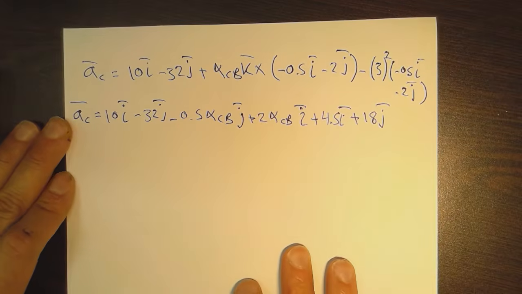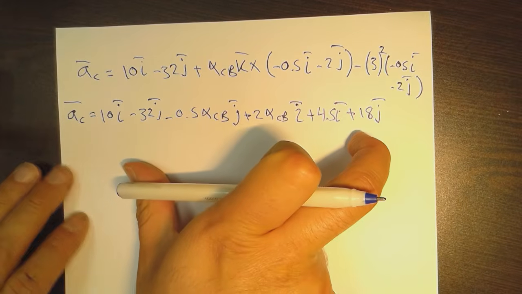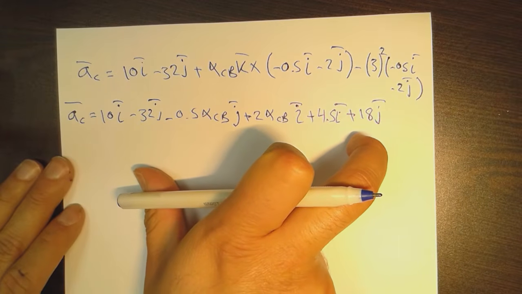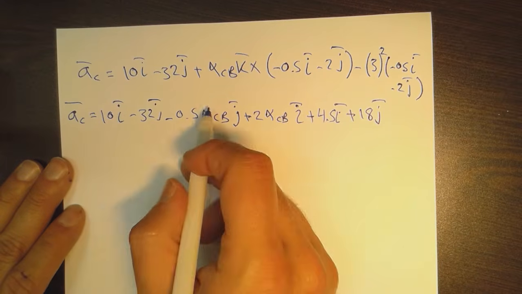So that's what we have. This is the term for the acceleration of C. So we're gonna combine the terms together, the I terms together and the J terms together.